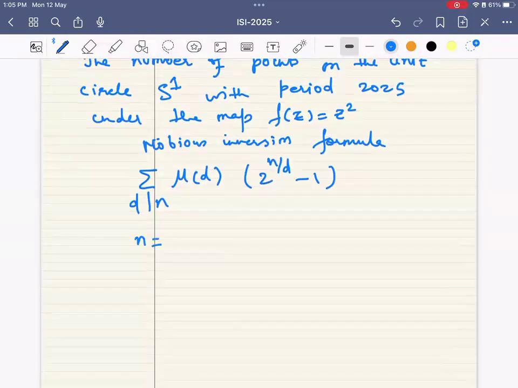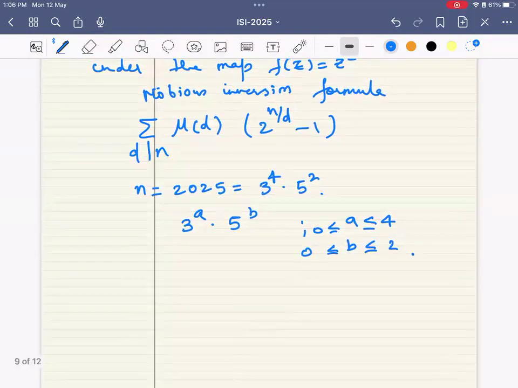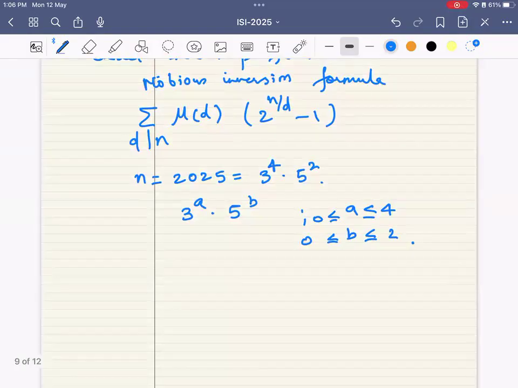Here they have given n as 2025, whose value is 3 to the power 4 into 5 squared. Now the divisors of n, d refers to the divisors of n, will be of the form 3 to the power a into 5 to the power b, where a lies between 0 and 4 and b lies between 0 and 2. Okay. Only square free divisors contribute in Mobius inversion, otherwise mu of d is 0.